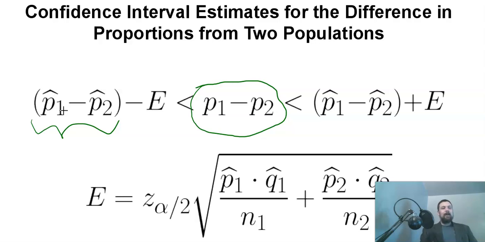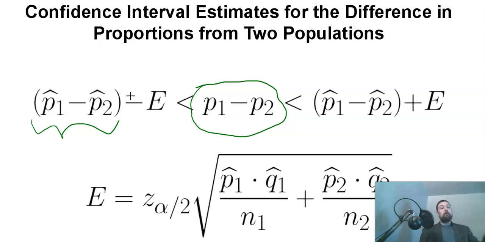It's the sample proportion from the sample of population number 1 minus the sample proportion from the sample from population number 2. That's the sample version of this thing that we're trying to estimate, minus a margin of error. If you think about it in those terms, it's just like chapter 7.